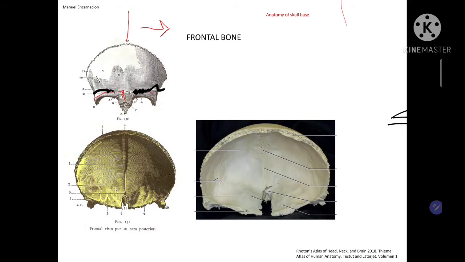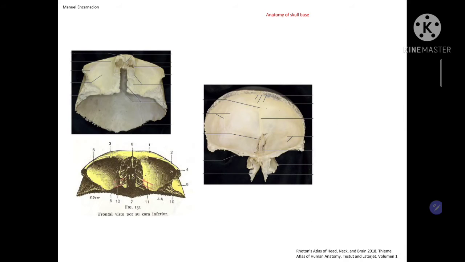So this foramen or the notch is excavated by the branch of the supraorbital artery. Okay, for example, you can see here number 3, this is the supraorbital notch, but sometimes we have the foramen. Okay, here.